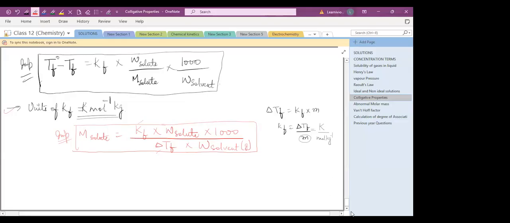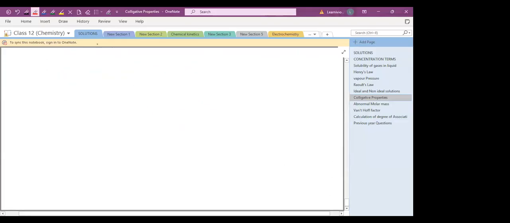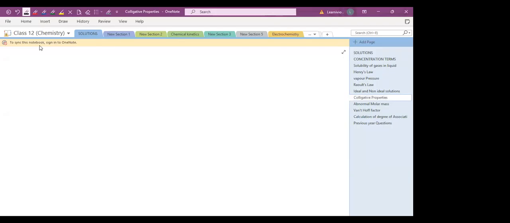Okay, so the next qualitative property is osmosis and osmotic pressure. So what is osmosis? Do you know what is osmosis? The movement of solvent molecules from the lower concentration to higher concentration of a solution through a semi-permeable membrane.